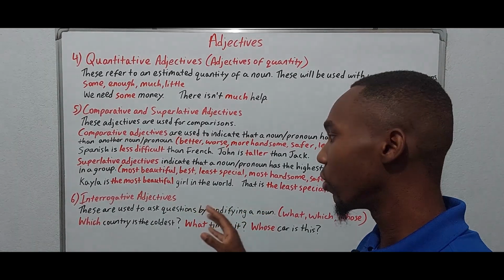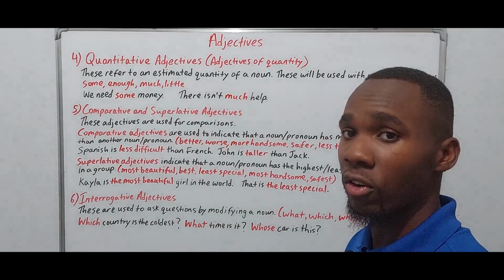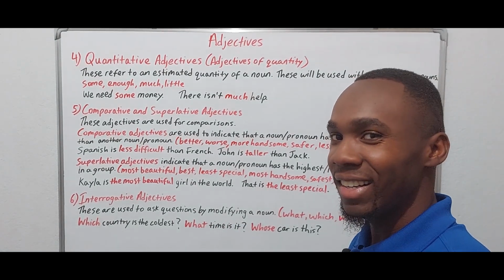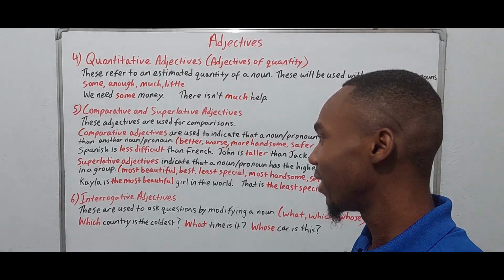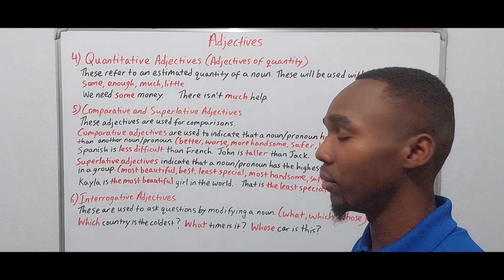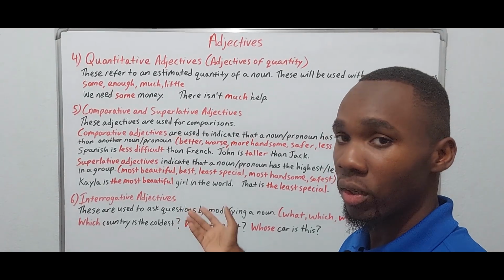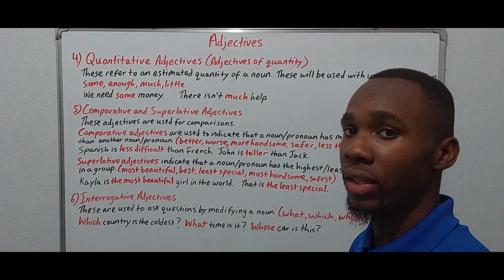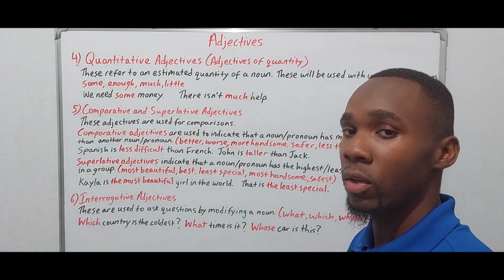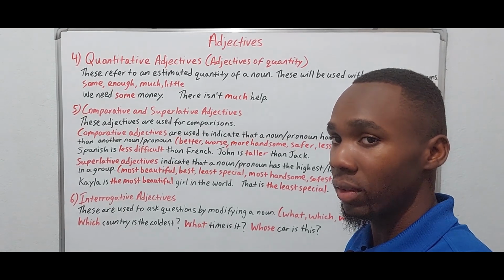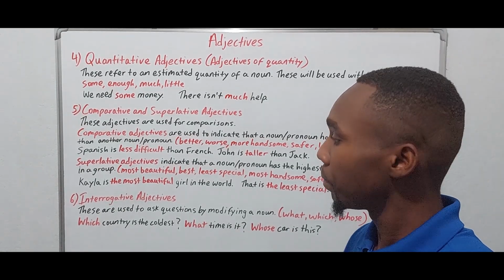Now, these can also function as interrogative pronouns. Once again, adjectives and pronouns can be a little confusing at times. So the difference, once again, is that these question words, when they're functioning as interrogative pronouns, can stand on their own, okay?